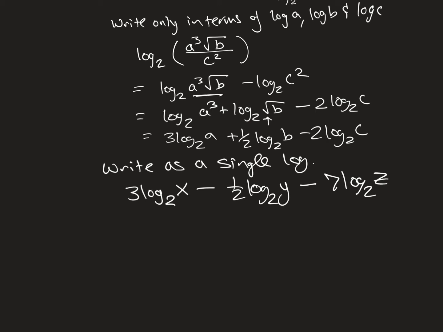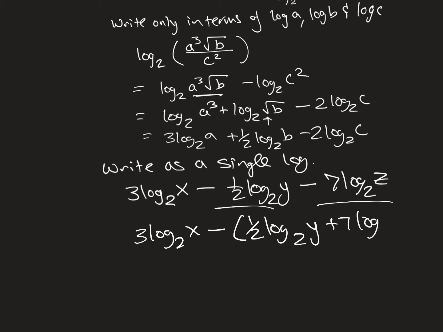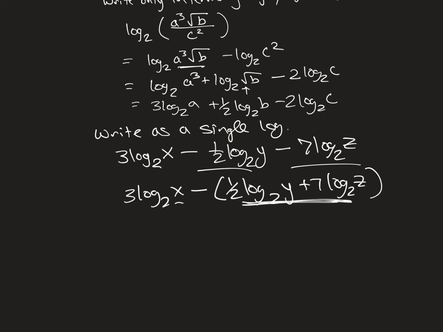And the reason that works, and people sometimes get confused by that, is say with these two, if I factor out a negative, then I have 1/2 log base 2 of y plus 7 log base 2 of z. So if I'm relating these two to each other, once I deal with the number in front and write it as an exponent, those two can be related to each other via multiplication. So actually let's work with what's beyond the minus sign.